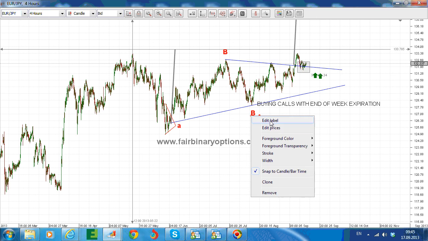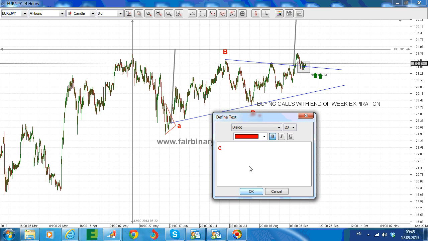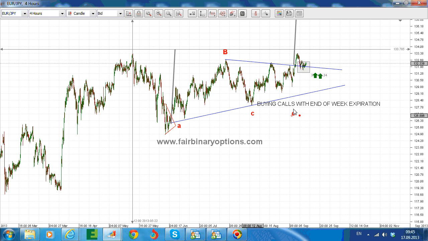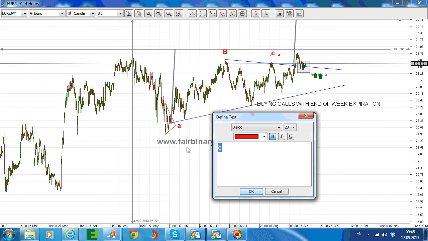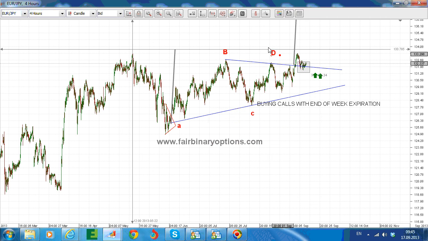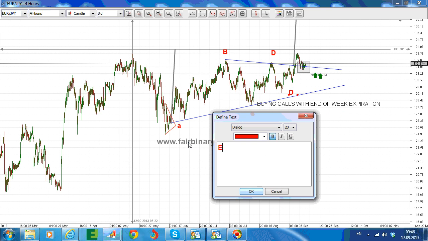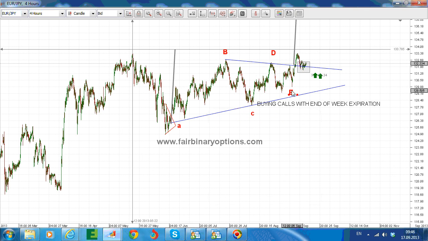Then this one should be the C wave. So A, B, C. Then this one should be the D wave here. A, B, C, D, and this normally is the E wave, either to the downside here or here, it doesn't really matter. A, B, C, D, and E.